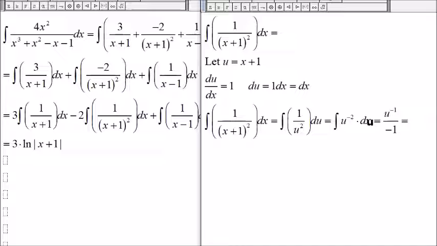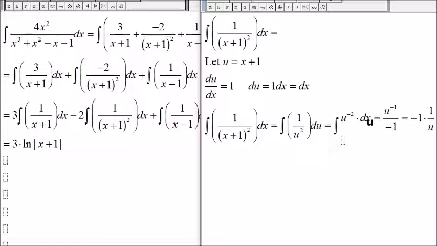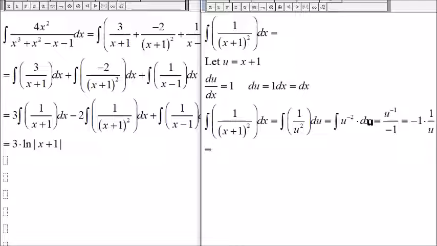And u to the negative 1 is 1 over u, and we're dividing by negative 1, so this becomes negative 1 over u. But u is x plus 1. So this integral right here will be negative 1 over x plus 1.